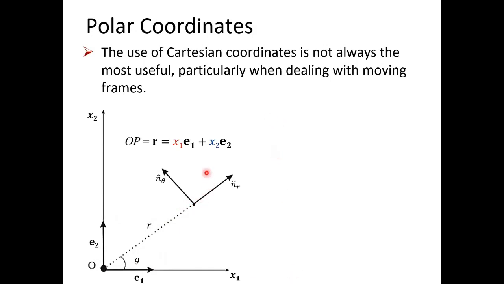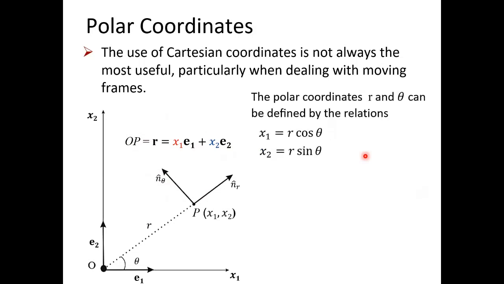As you know, the rectangular representation of this coordinate system is x1 e1 plus x2 e2, and the coordinates of this point are x1 and x2, where x1 is r cos theta and x2 is r sin theta. Then we define a unit basis vector in the radial direction, I call it n hat r, and the direction I take is radially outwards.